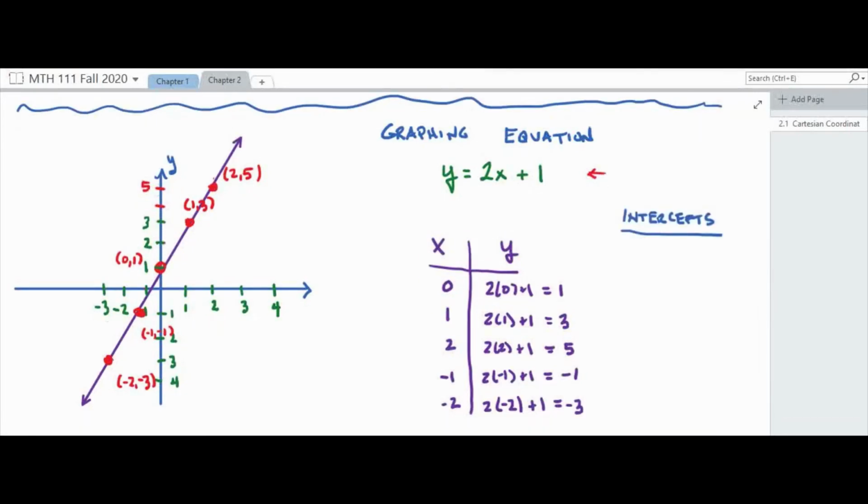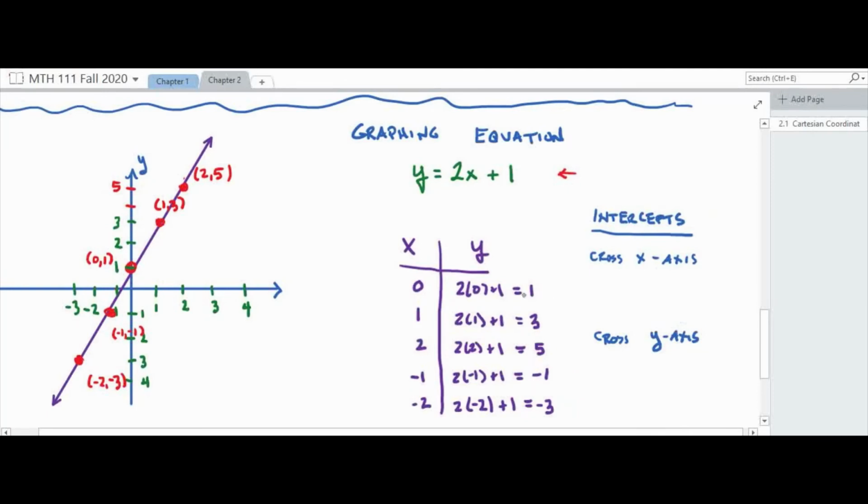Now we could use this equation to do a number of things. One of the first things we're going to try to do is let's try to find the intercepts, the places where this crosses the x-axis. That's the x-intercept, and the place where it crosses the y-axis, which is the y-intercept. Anytime your plot ever crosses the x-axis, one condition always occurs.